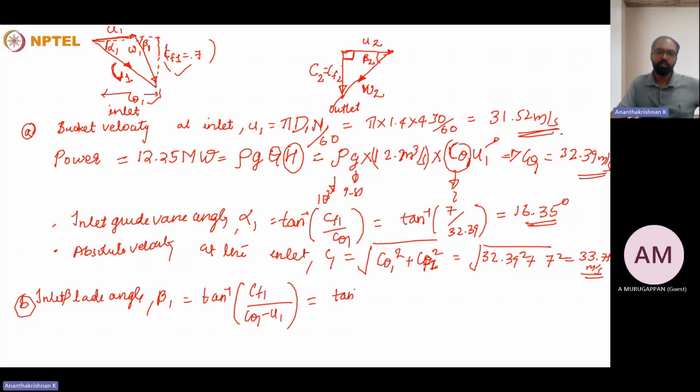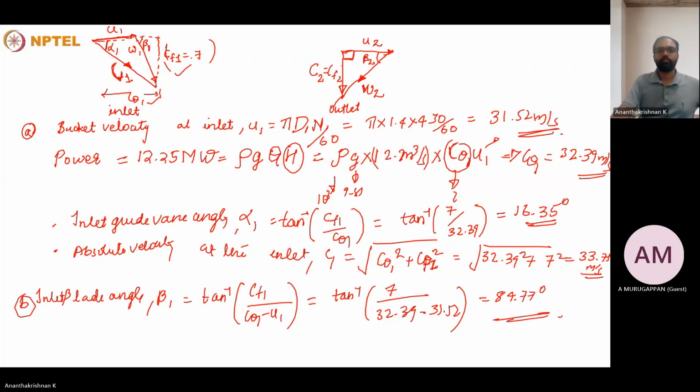We know all the components: CF1 is 7, C theta 1 is 32.39, and U1 is 31.52. So it will be coming around 84.77 degree. So this velocity triangle will almost approach the vertical.